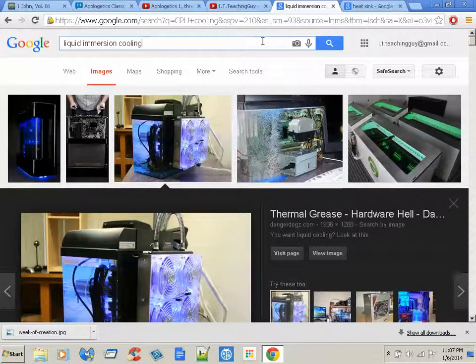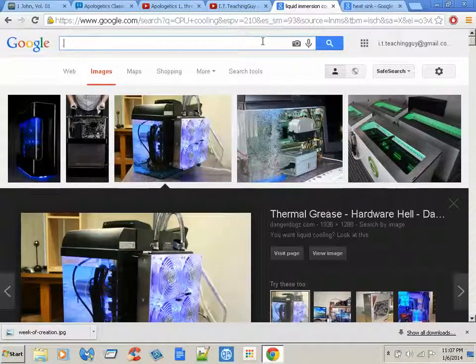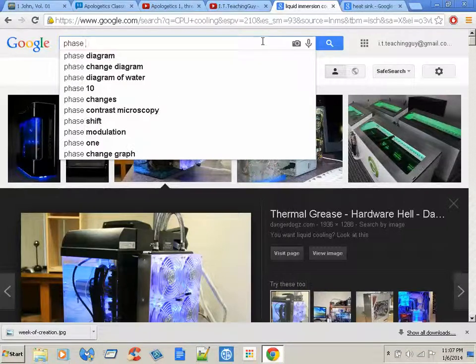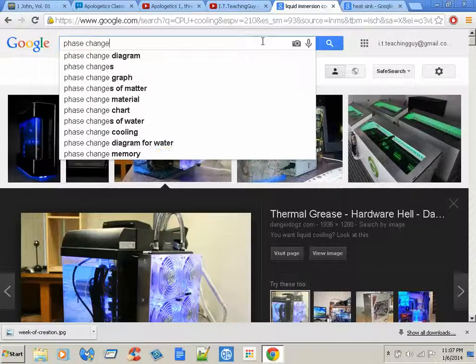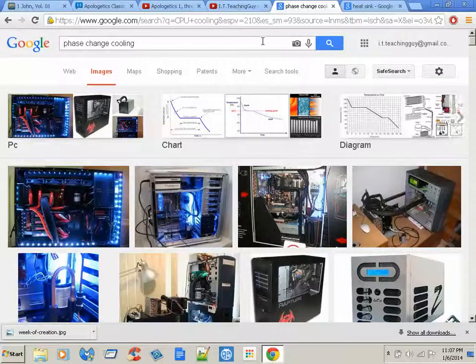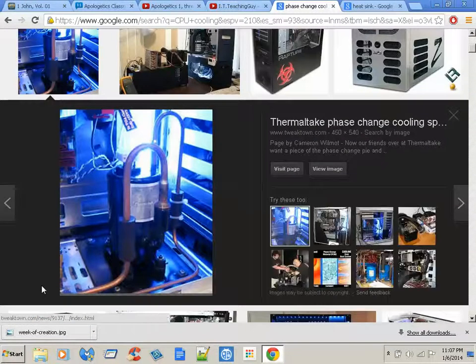Yeah, phase change cooling. So we'll check out that, because I actually haven't seen any of these before myself. So yeah, it's kind of like a refrigerator, like I was saying, to help keep your computer cool.